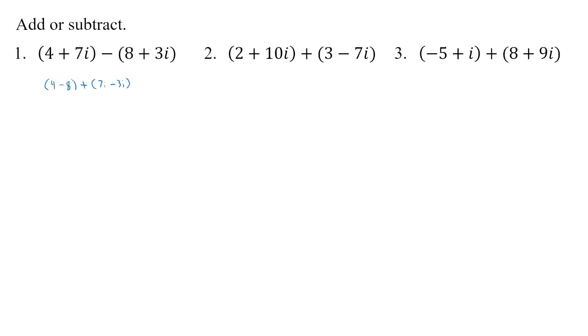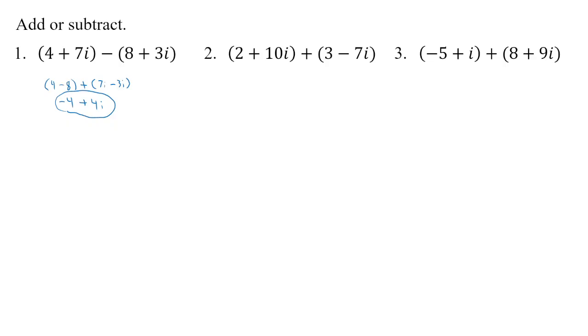Remember, the minus sign is in the middle. So now 4 minus 8 is -4, plus 7i minus 3i is 4i. So your solution is -4 plus 4i. That's all it is. Just combine your like terms.